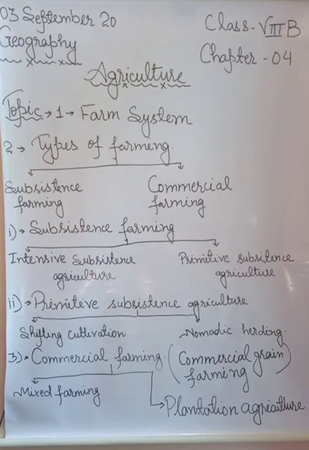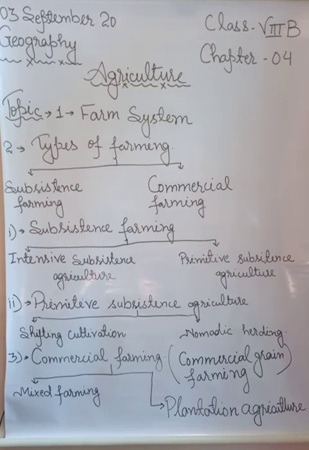Then crops like maize, yam, potatoes and cassava are grown by the tribal farmers. And after some time, when the soil loses its fertility, the land is abandoned by the cultivators, and then cultivators move to a new plot of land.